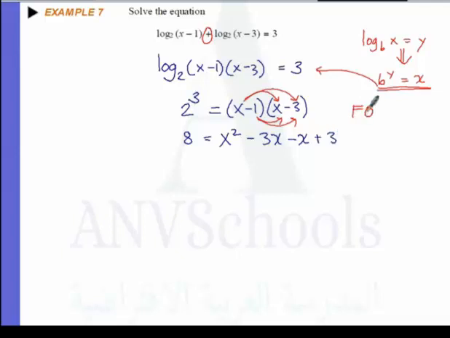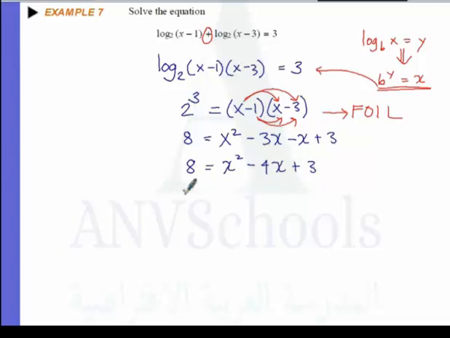Okay, now if you are algebraically advanced, you could just use mental computation or mental evaluation for the expansion of this expression here. So therefore, as we continue, 8 now is equal to x squared minus 4x plus 3.